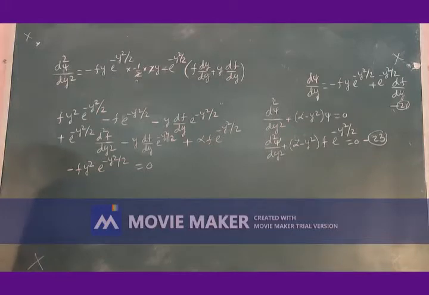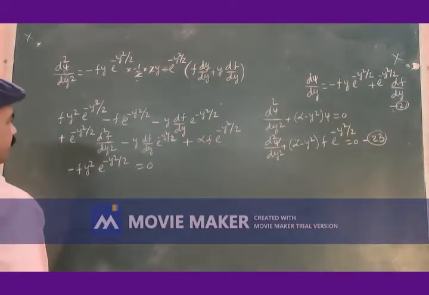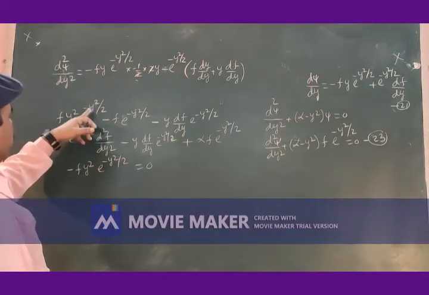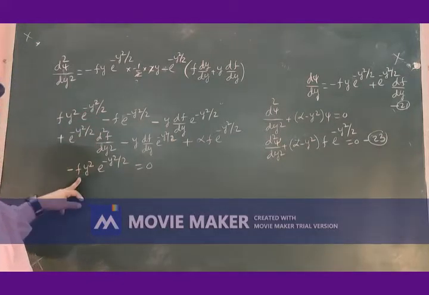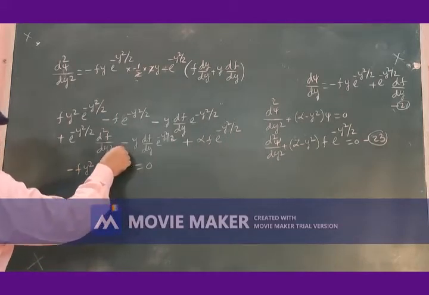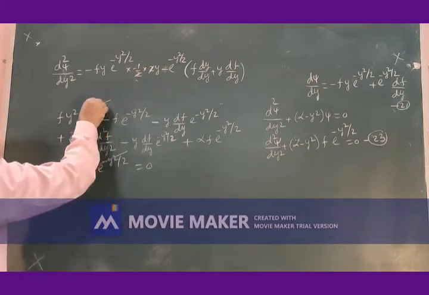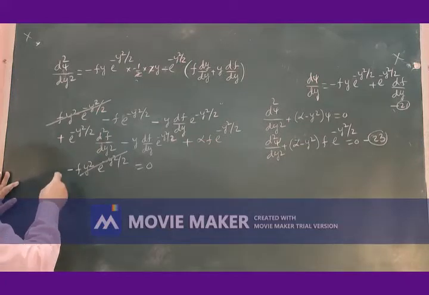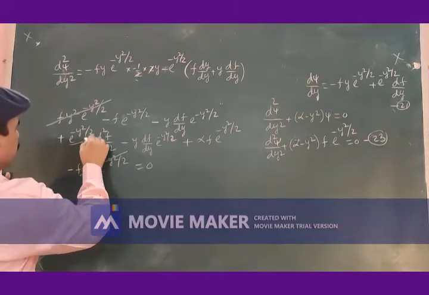Now observe the terms here. f y square e to the power minus y square by 2 minus f y square e to the power minus y square by 2. So this term identically cancels with this term.